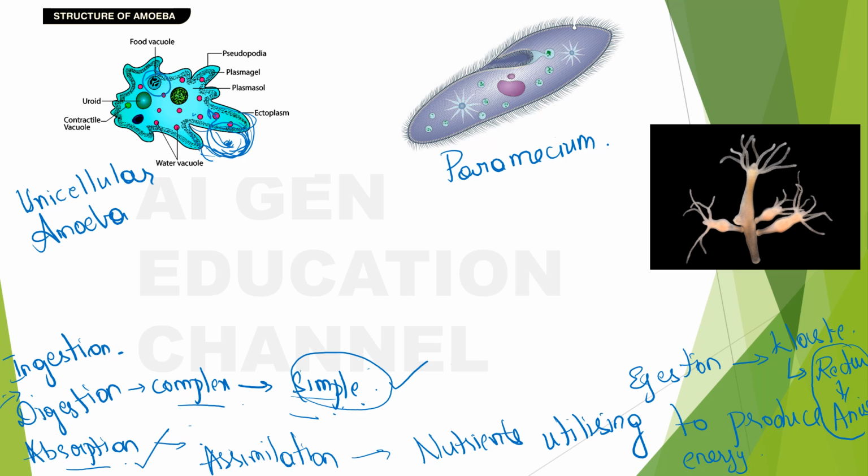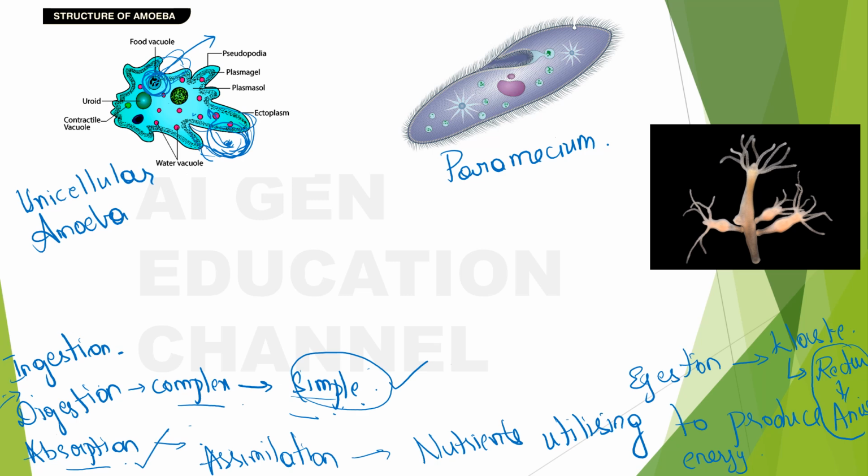So when it finds the food here, it will extend its pseudopodia and it will take it in, and overall when it gets attached, some hollow thing will be formed, right? It's called a food vacuole, and here the digestive juices will be released and it will take the food. So the process of digestion takes place in this food vacuole, and the process of absorption, assimilation, and then egestion, everything will happen, okay?